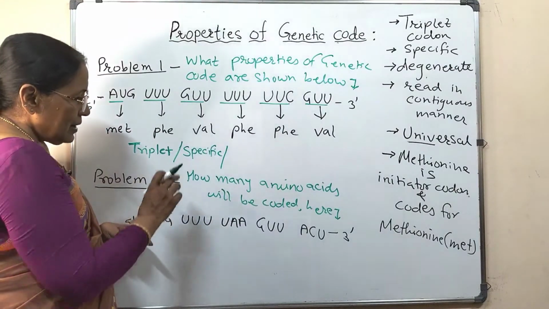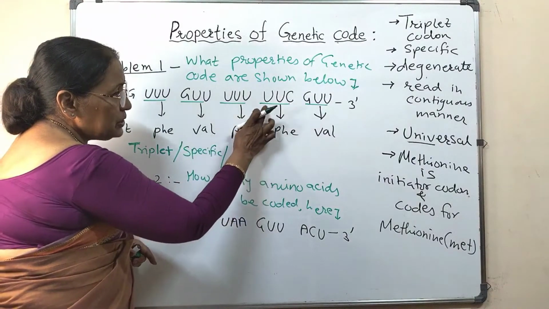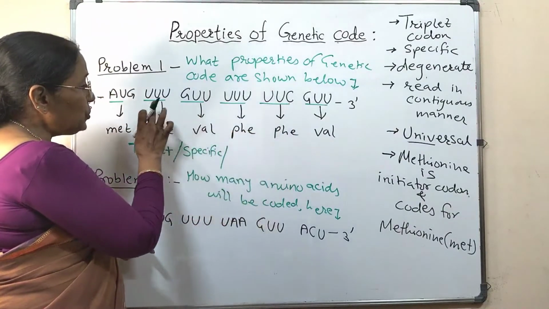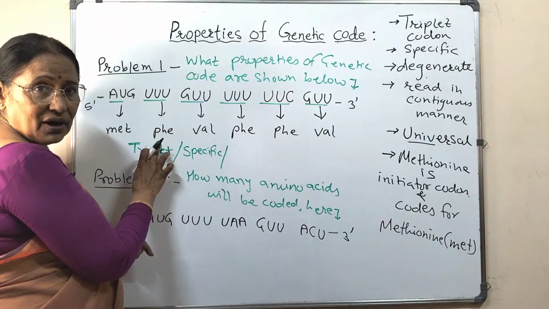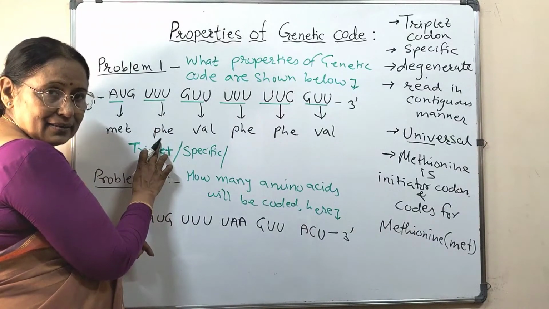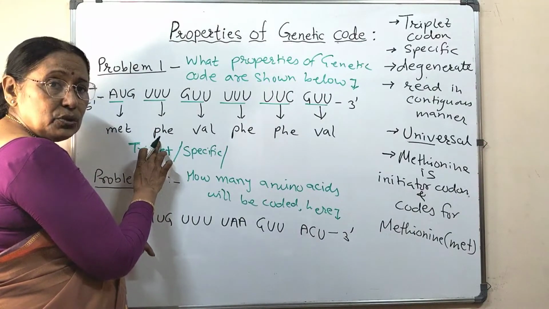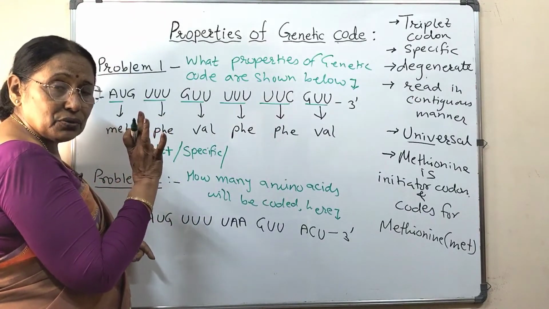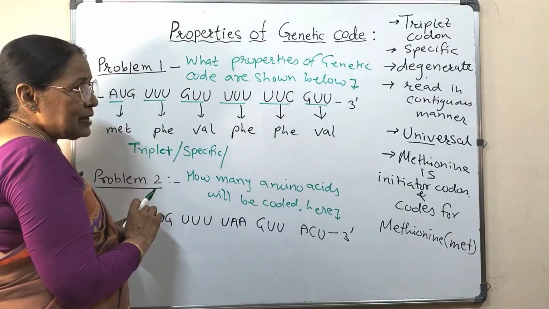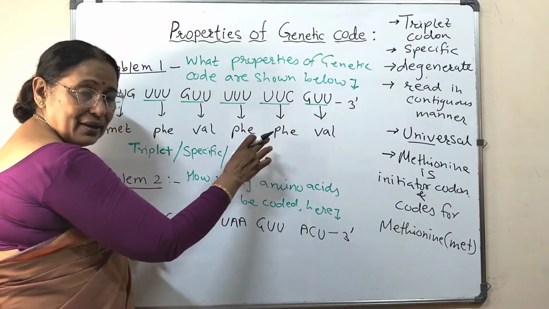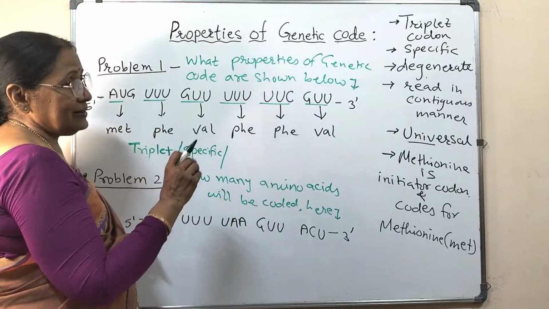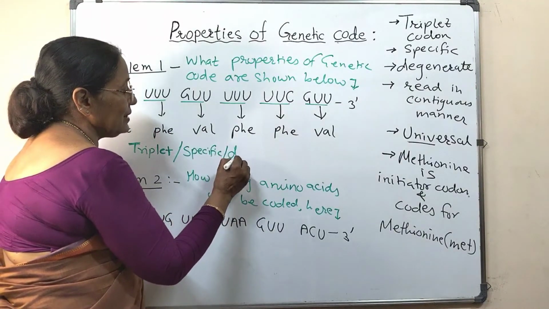Another point. Here you see UUC is coding for phenylalanine and UUU is also coding for phenylalanine. That means there is no autonomy for this UUU that only it is going to code phenylalanine. So this property where more than one codon codes for the same amino acid is called degeneracy.